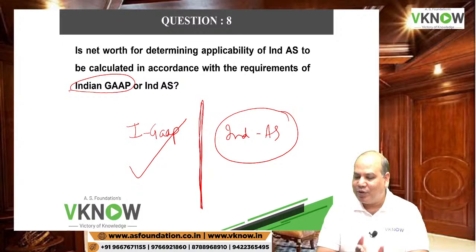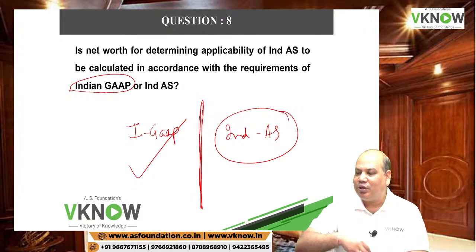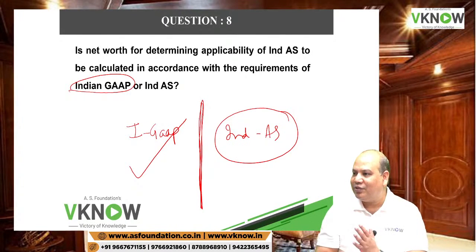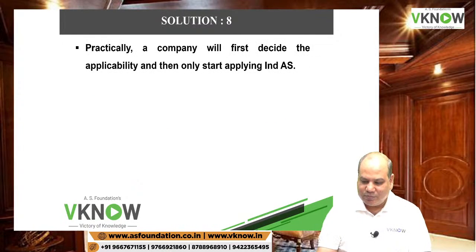I was always following Indian GAAP till now. And to check whether it is applicable to me or not, I need to first calculate the net worth, not vice versa. Then if you are applying Ind AS, why do you need to check applicability? So the answer is Indian GAAP.